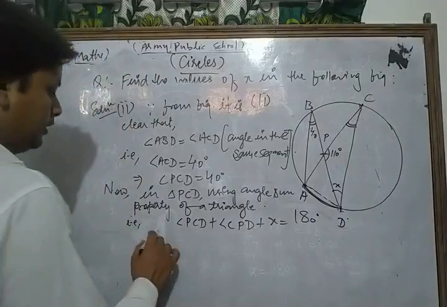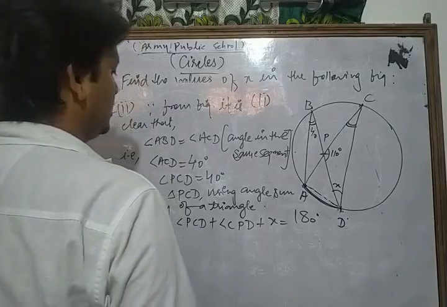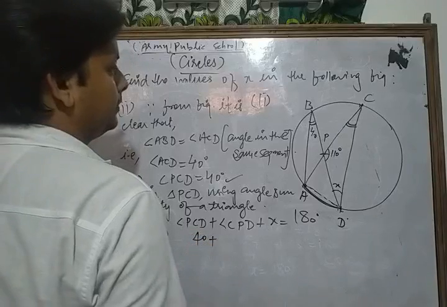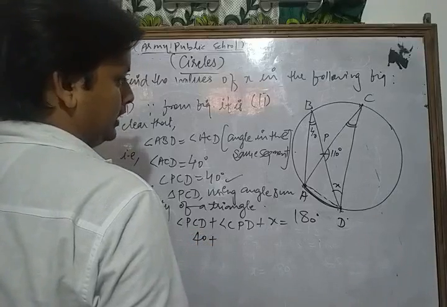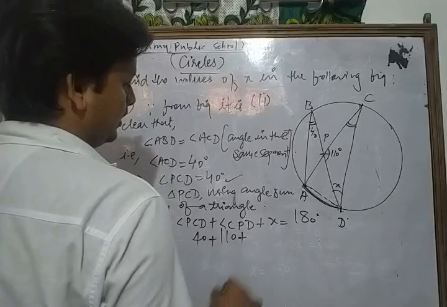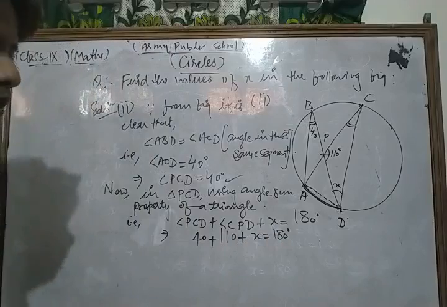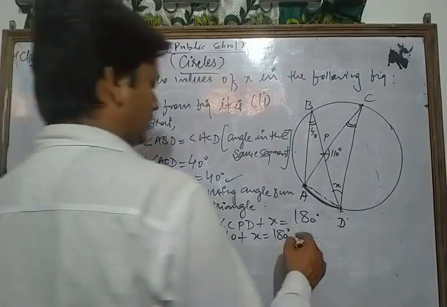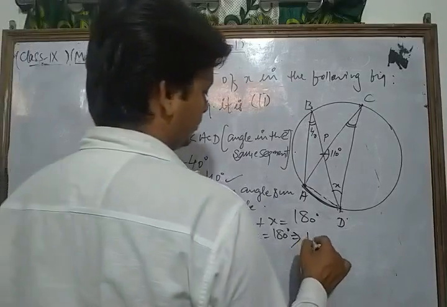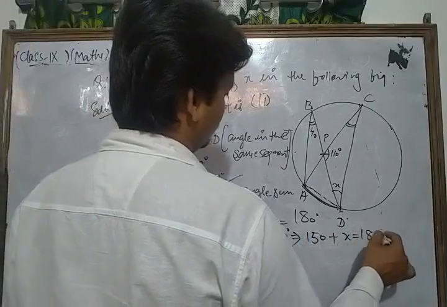Now from there we put angle PCD as 40, plus angle CPD, which is 110, plus X is equal to 180 degrees. Now 110 plus 40 is 150, plus X is equal to 180.